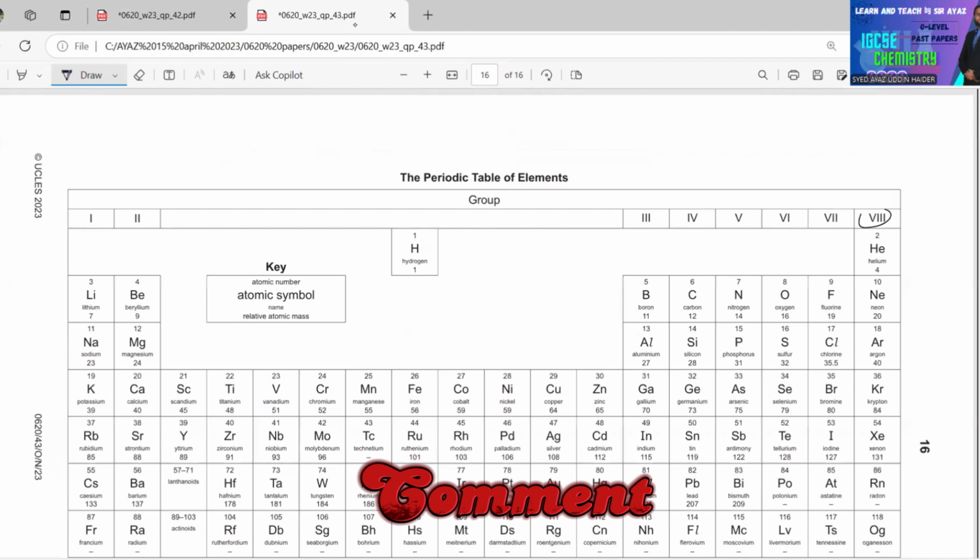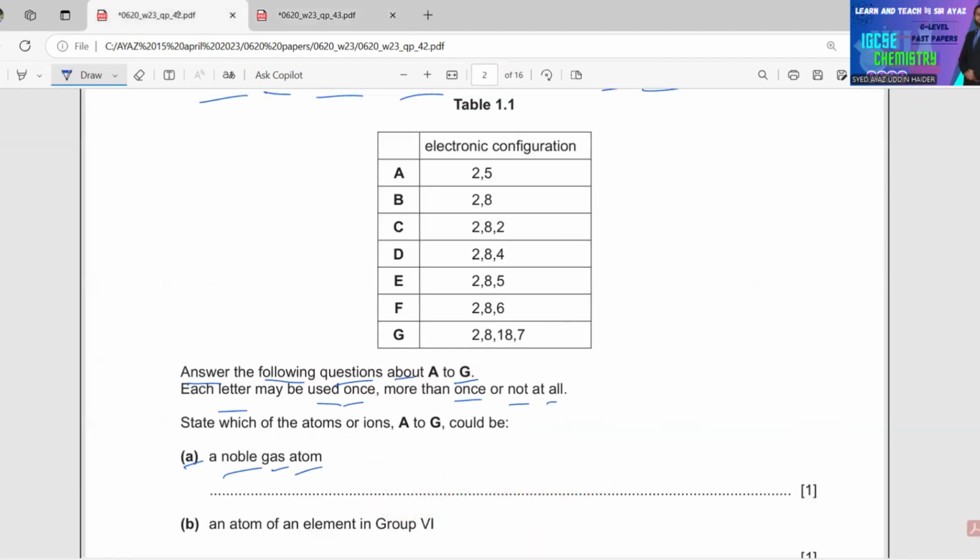So proton number of helium is 2, which means the electronic configuration is 2. We can't find helium here, but you can find other inert gas. Like I can see the configuration of neon. It must be B. You see the configuration of B, it's of neon. So you'll write B for part A.